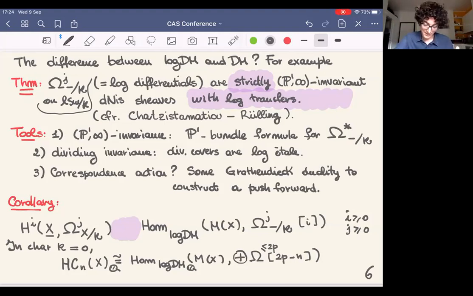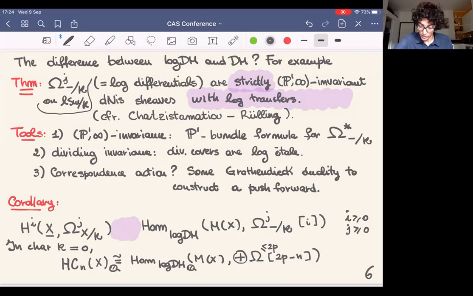For the dividing invariance, the observation here is that dividing covers are proper log étale monomorphisms, so in particular log étale maps. And log étale, well, if you forget about the log and focus on the étale word, then you can believe that étale maps don't change the differentials.